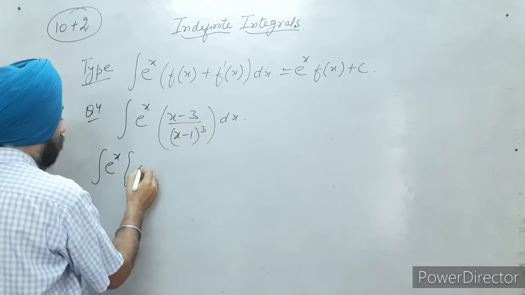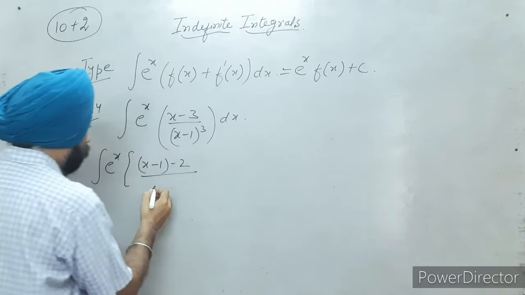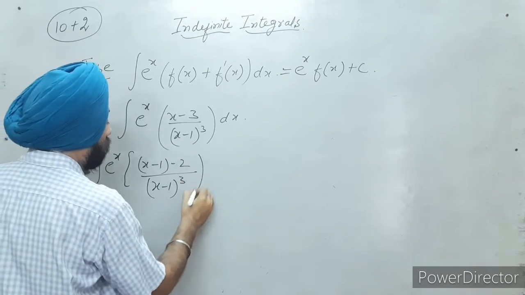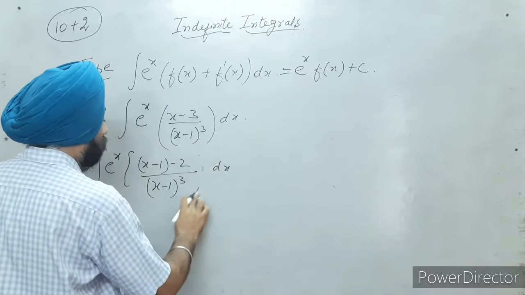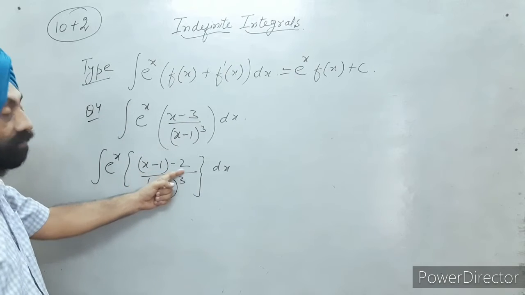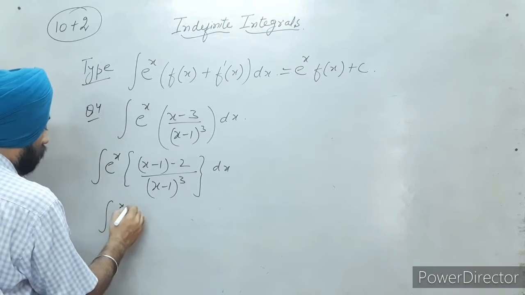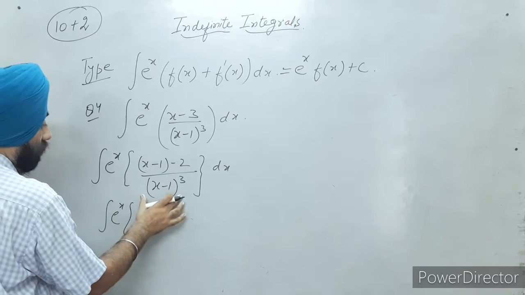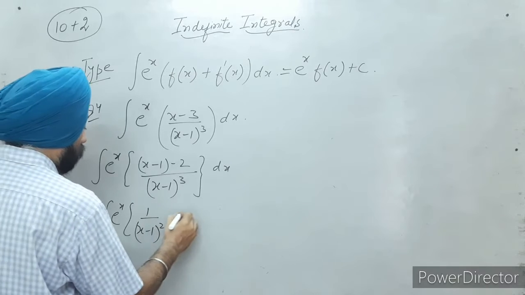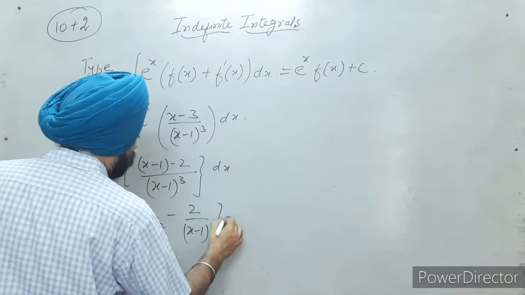I can write x minus 3 as x minus 1 minus 2, divided by (x minus 1) cube dx. I have written x minus 3 as (x minus 1) minus 2. Divide them. It becomes e^x [1 upon (x minus 1) square minus 2 upon (x minus 1) cube] dx.